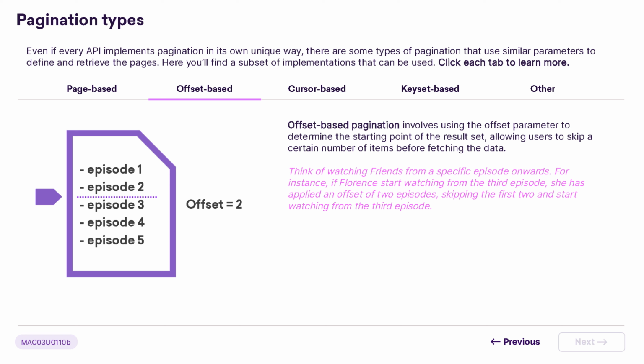go through every item. Imagine you're watching a TV series and you want to start at a particular episode. By setting an offset of 2, you can skip directly to the third episode, bypassing the first 2. This approach is particularly useful in large data sets where you might need to bypass a set number of entries to find the data you want.